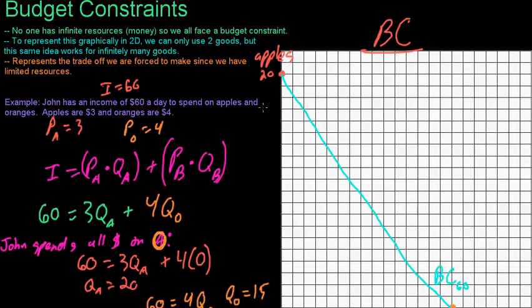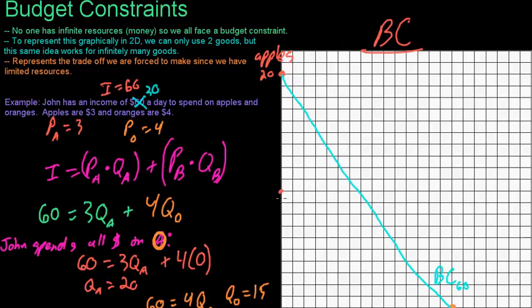Now let's say that we cut his budget in half. We slash this, and now he only has $30. It's pretty easy to see that he's going to be able to buy at most 10 apples: 1, 2, 3, 4, 5, 6, 7, 8, 9, 10.